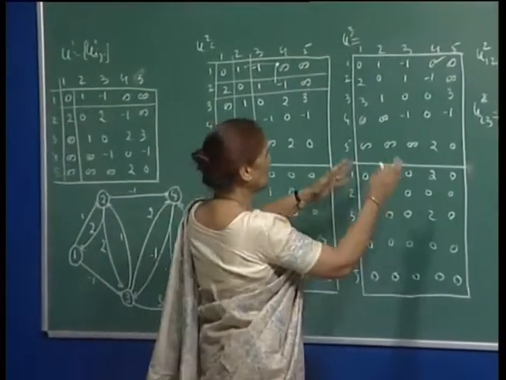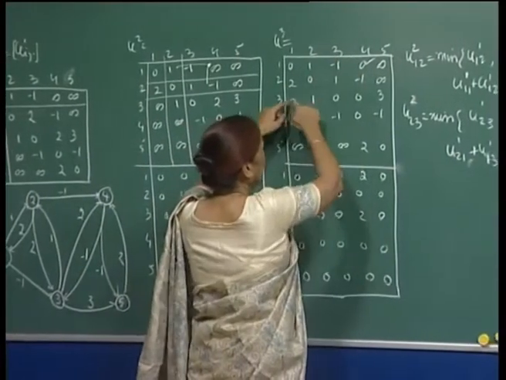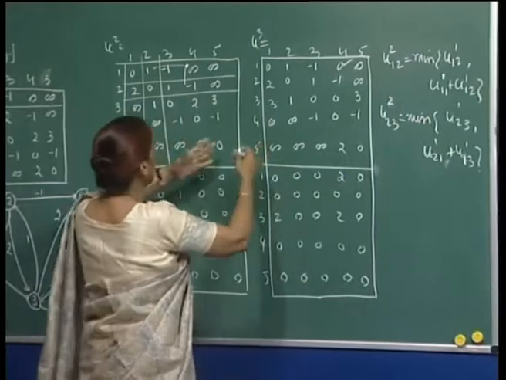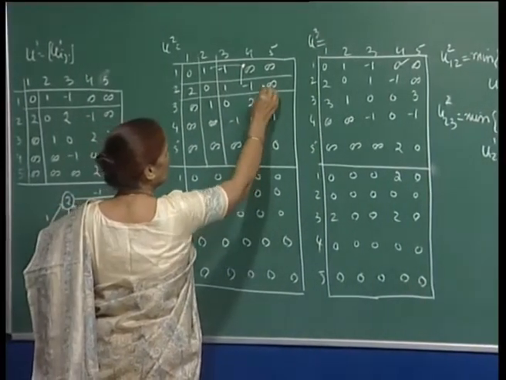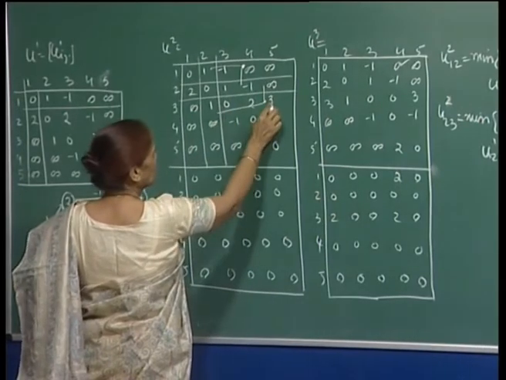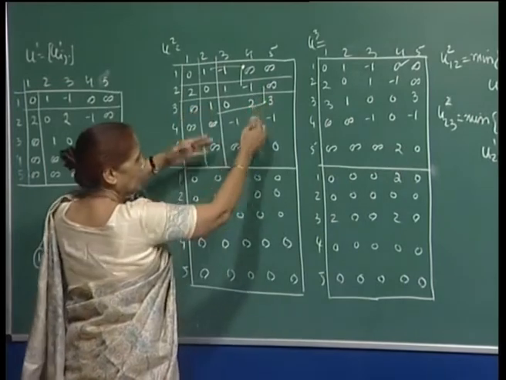So, when you are computing u4, then you will circle the third column and the third row, and again make the same computation, right. For any entry you take here, all you have to do is to go this way and this way, then compare this with the sum of these two, and whenever you find a smaller number, you record that.